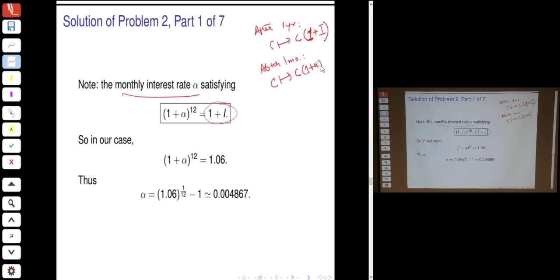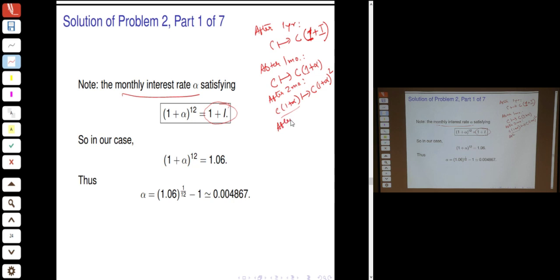Now this C times 1 plus alpha is what you start your second month with. So after 2 months, you will arrive at the starting amount, C times 1 plus alpha at the beginning of the second month, multiplied by another factor of 1 plus alpha. So you get C times 1 plus alpha squared. It's just the same idea being recycled once again.